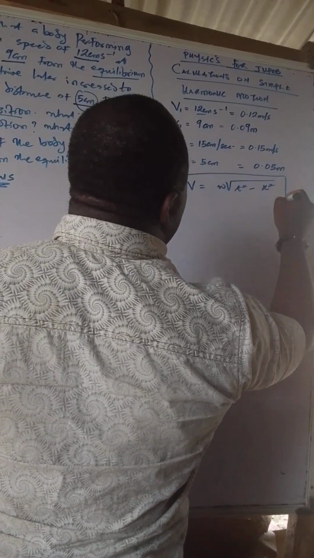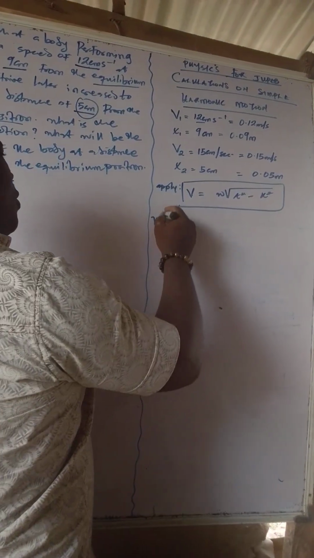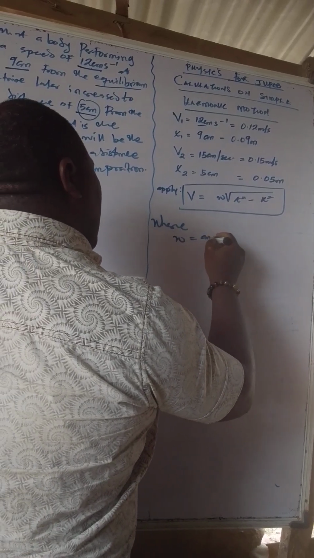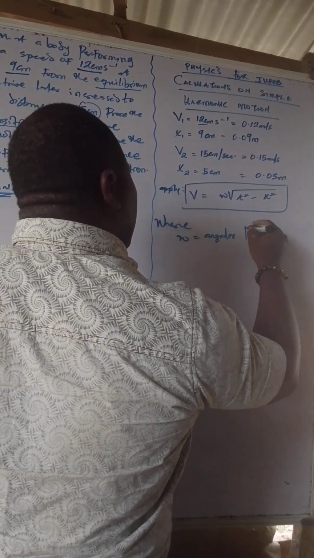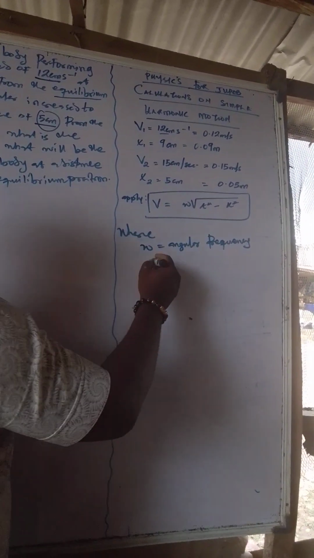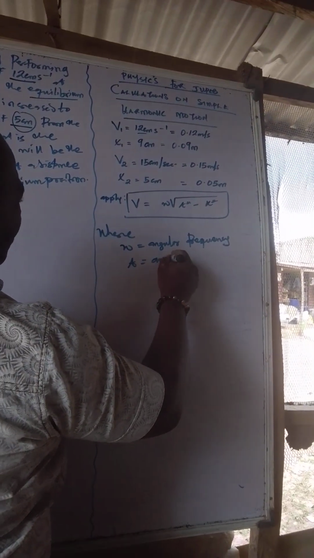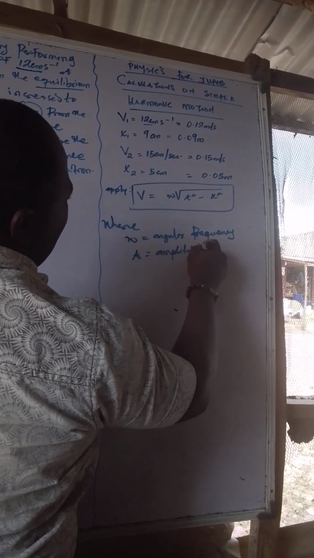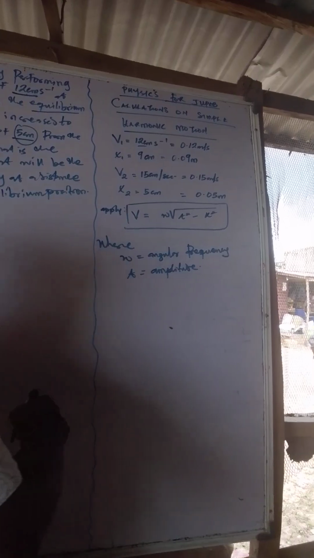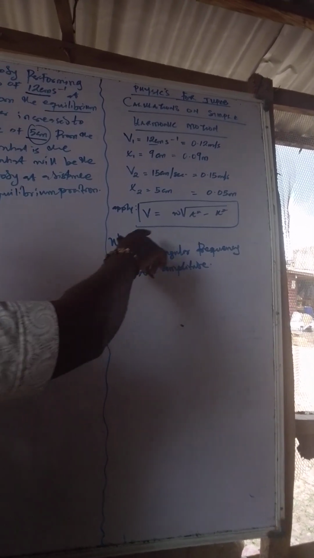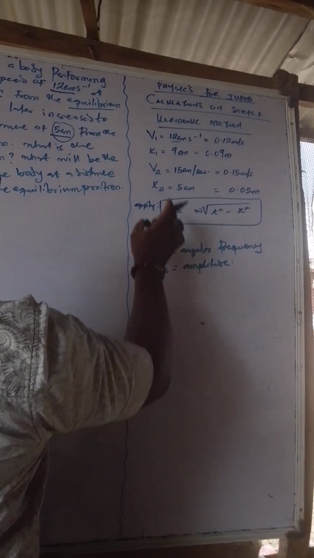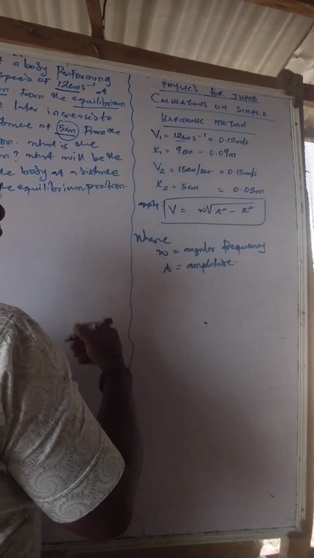So make use of this formula, where omega is the angular frequency, A is the amplitude, and x is the displacement, given as x1 and x2, and V is the velocity at an instant. So let's substitute all these parameters.